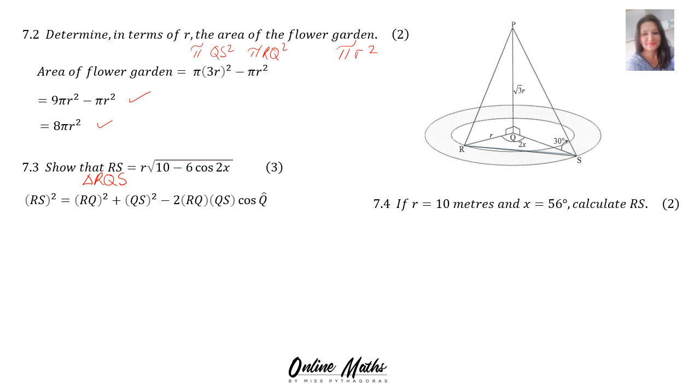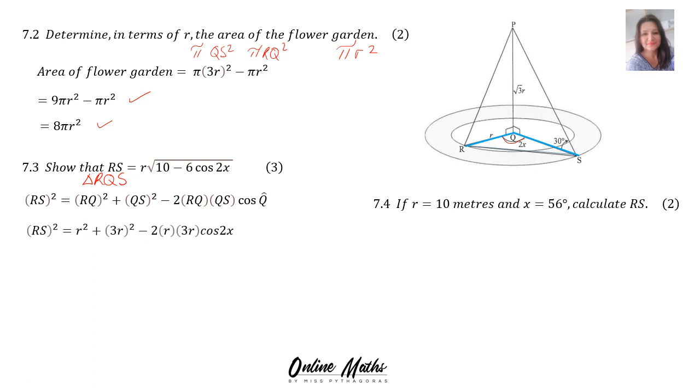Therefore, I'm going to use the cosine rule. So RS squared is equal to RQ squared plus QS squared minus 2 RQ times QS, the cos of angle Q. And then you just substitute the values.